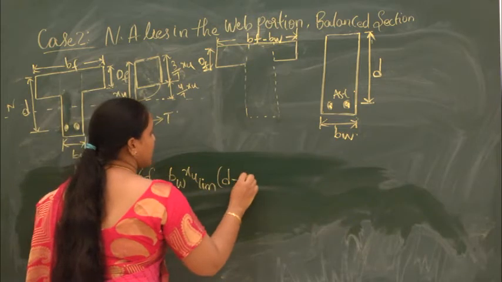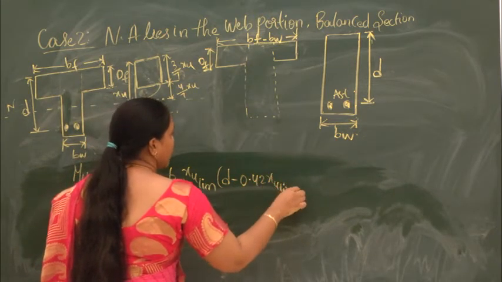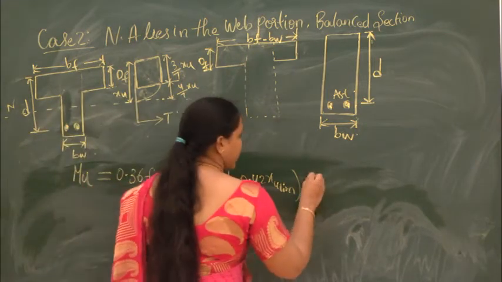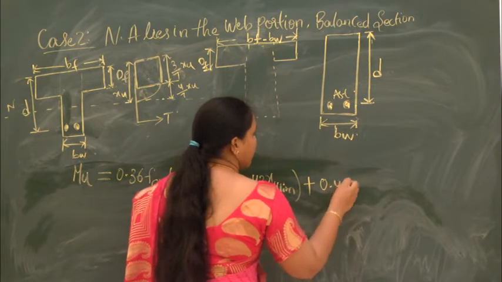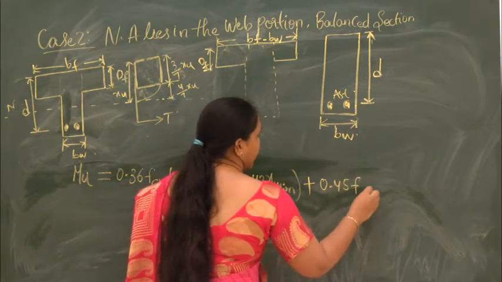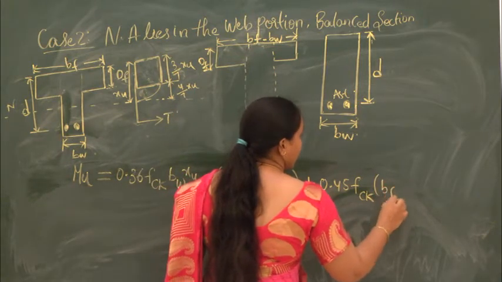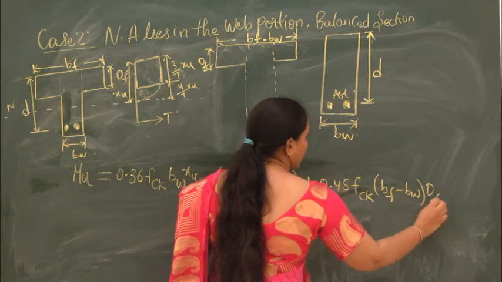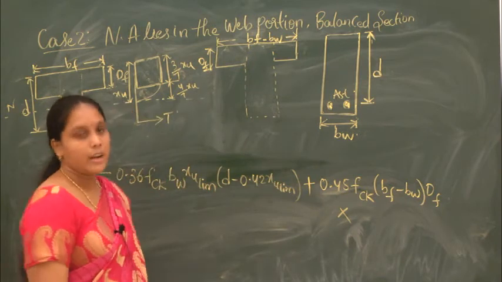It is D minus 0.42 XU limit, plus 0.45 FCK into BF minus BW into DF into the lever arm.